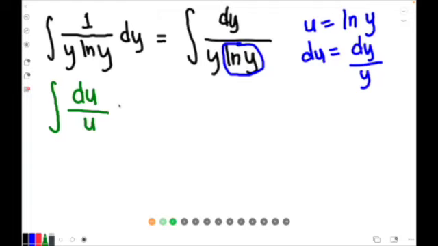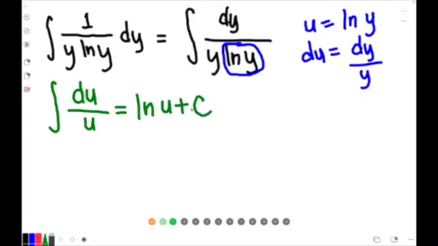As I mentioned earlier, we learned before that the integral of du over u will just be equal to the ln of u plus the constant of integration.